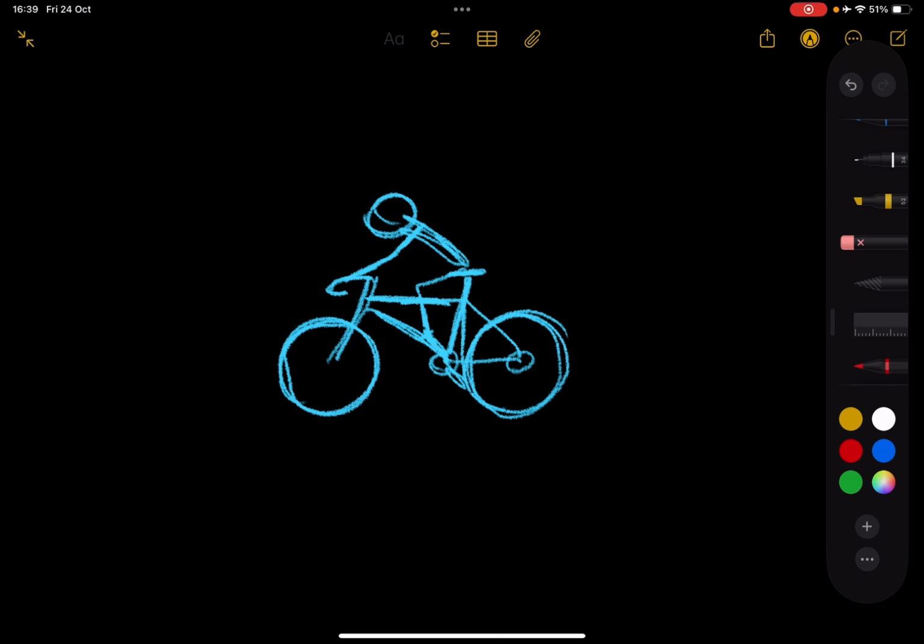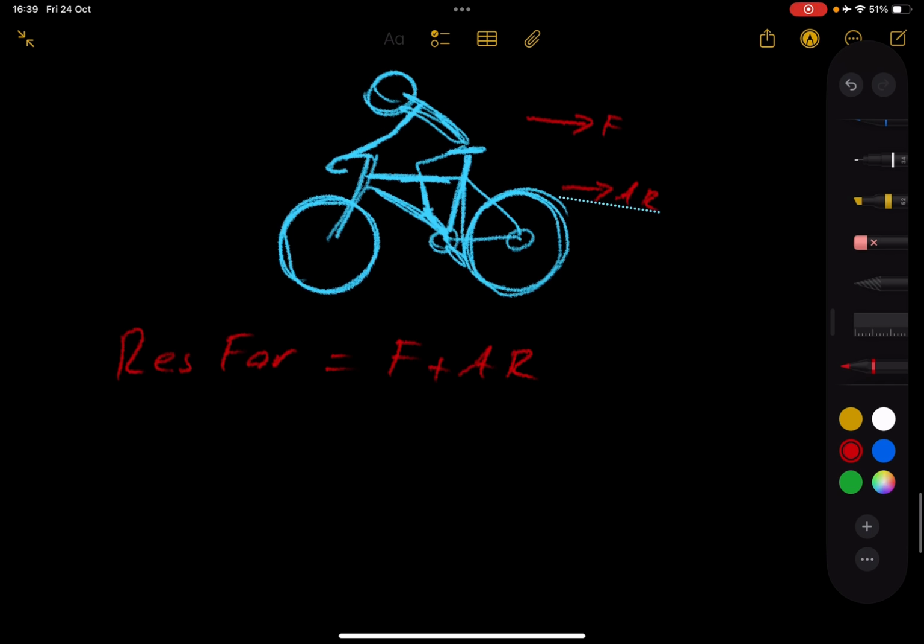Just like I said in the example of the car before, if you stop pedaling or take your foot off the gas, you don't instantaneously stop. That would be really disastrous. But the friction and air resistance still exist. They are still both there. So in this case, the resultant force is equal to friction plus air resistance, and that is backwards, which means he is accelerating backwards.